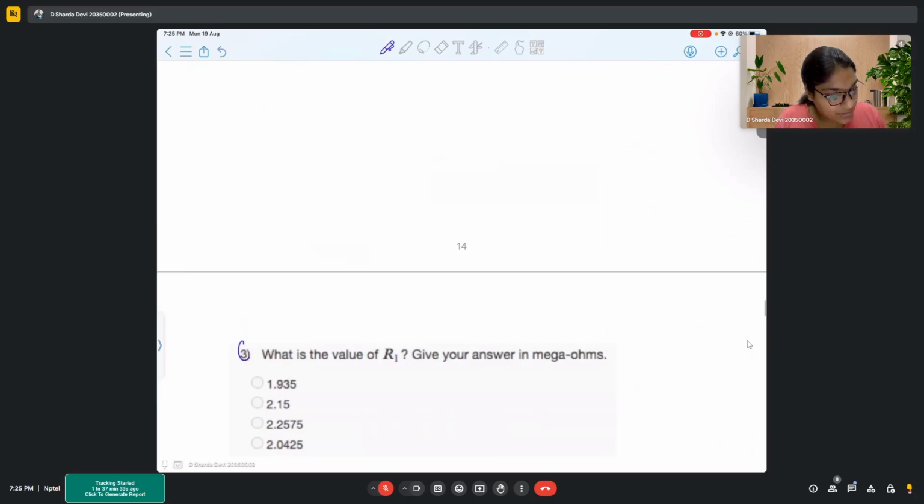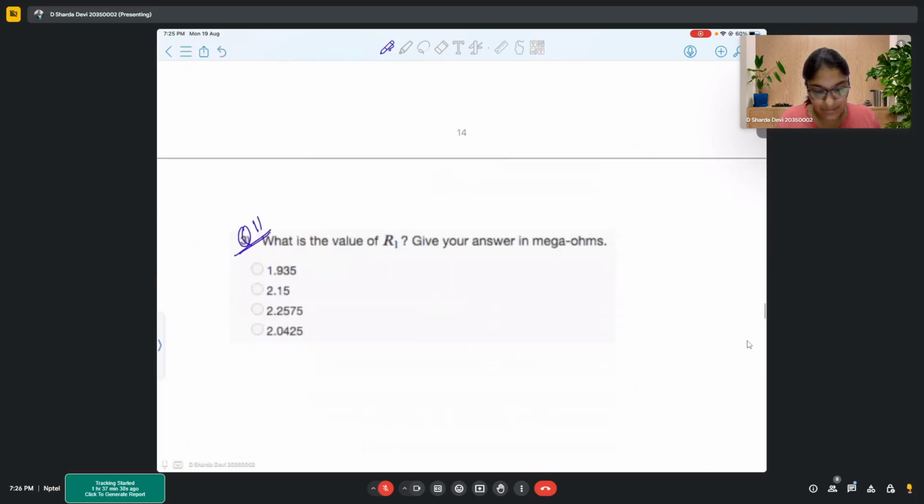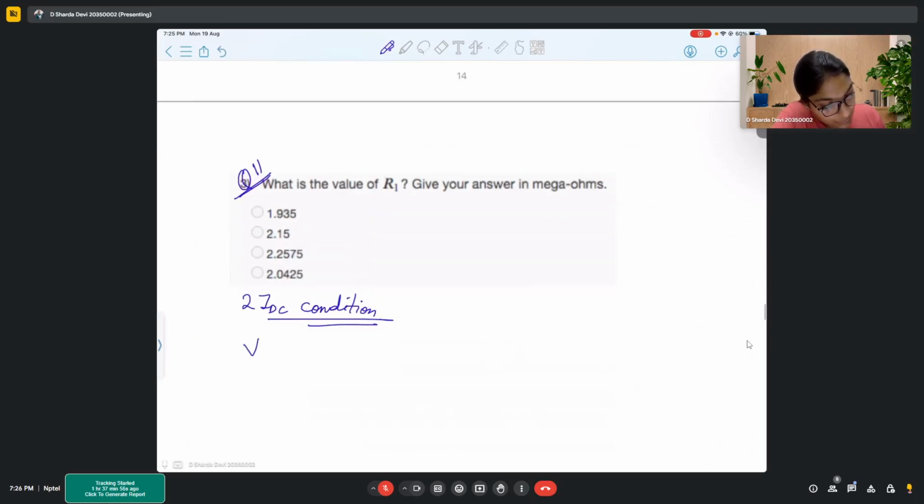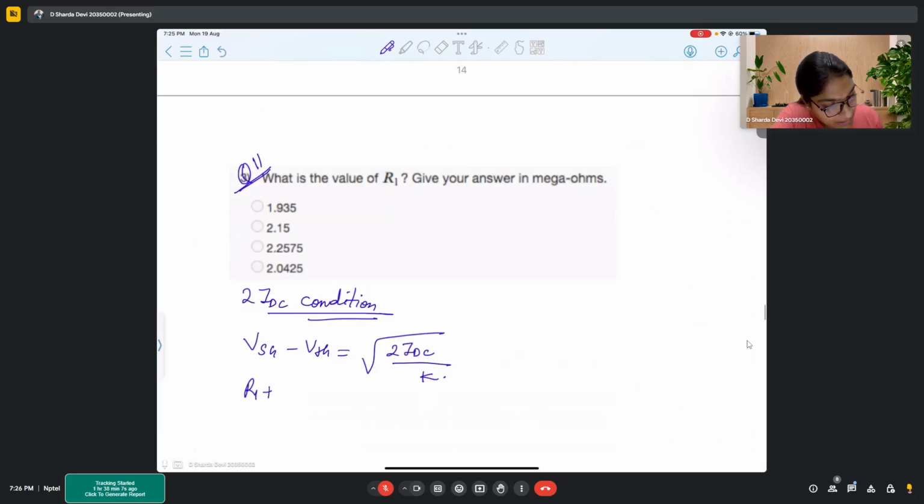Now coming to question number 11. Here we have to find the value of R1. Now considering that 2 IDC condition, VSG minus VTH is root under 2 IDC by K. R1 plus R2 was already found to be 10 mega ohms.